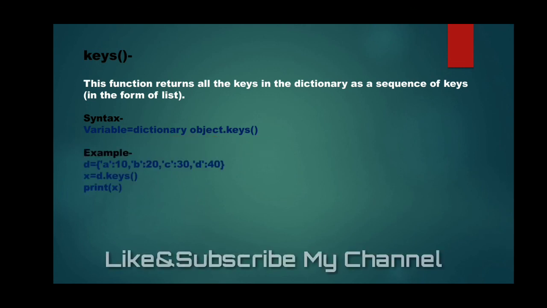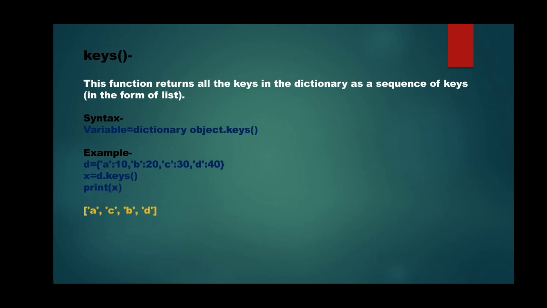See, this is your dictionary, and when I write x is equal to d dot keys, what will be the value of x? You can see A, C, B, D. These are the various keys. And just remember one thing, since a dictionary is an unordered collection, the order of key value pairs might be different from the one that you inserted.